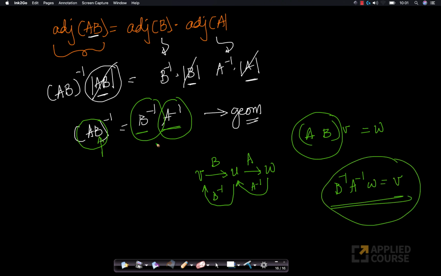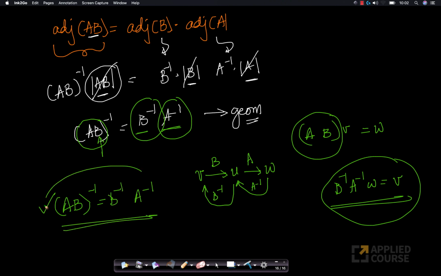Again, here we have a nice property, which is AB inverse equal to B inverse A inverse. This is a very interesting property of inverses of matrices, and this can be easily understood geometrically. And because we understood this geometrically, if this is true from a geometric standpoint, I can arrive at this, which means this is true.